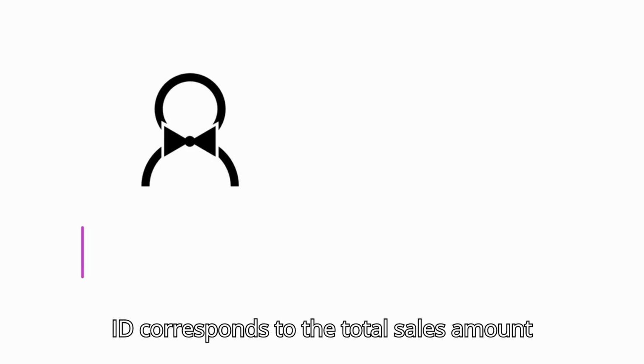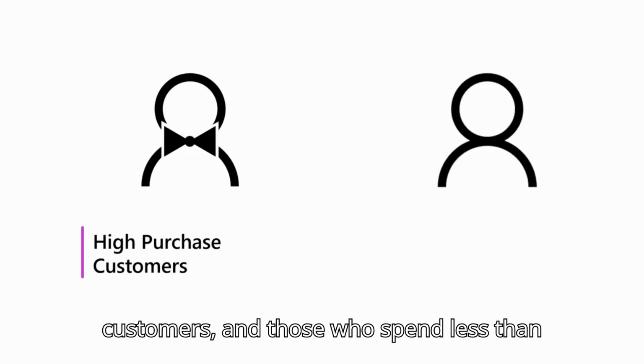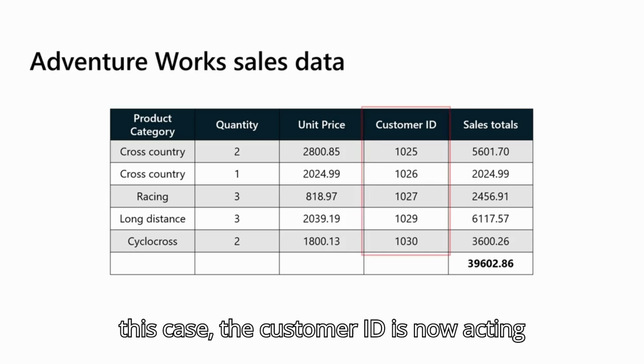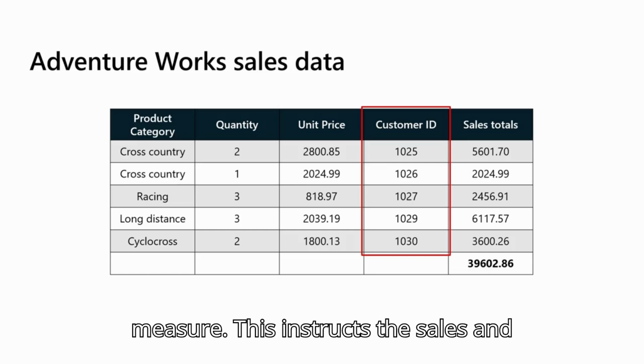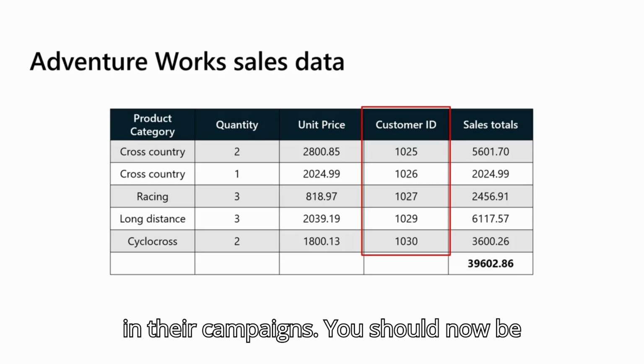Customer ID corresponds to the total sales amount of $2,000 and above as high purchase customers. And those who spend less than $2,000 are average purchase customers. In this case, the customer ID is now acting as a filter context to compute the measure. This instructs the sales and marketing team which customers to target in their campaigns.